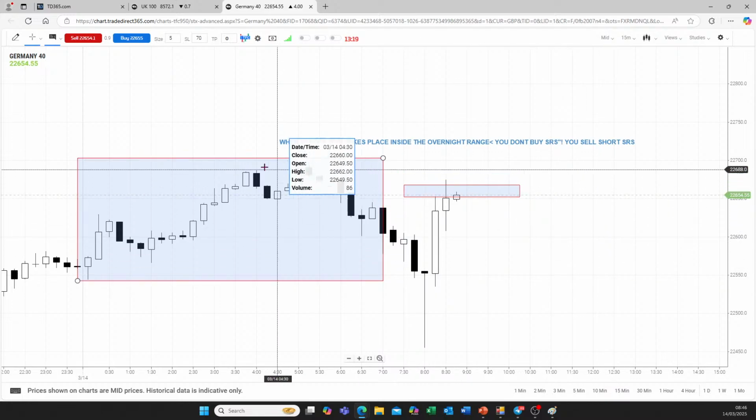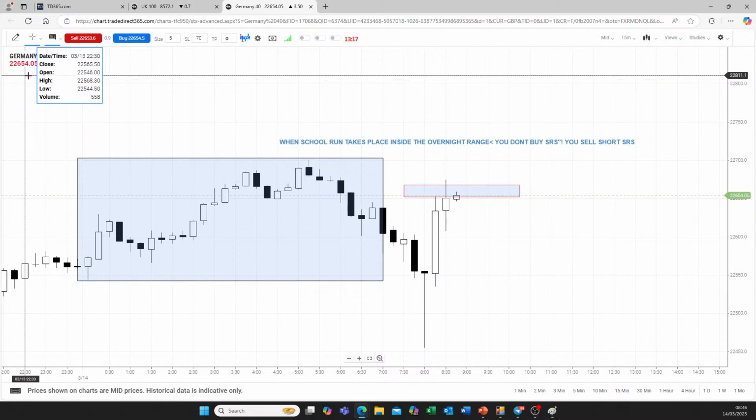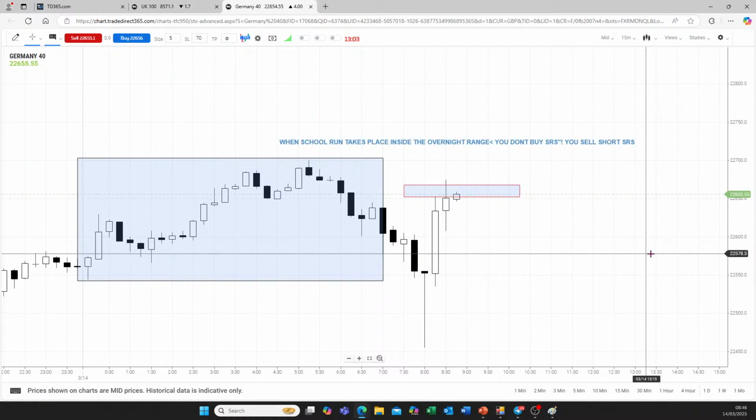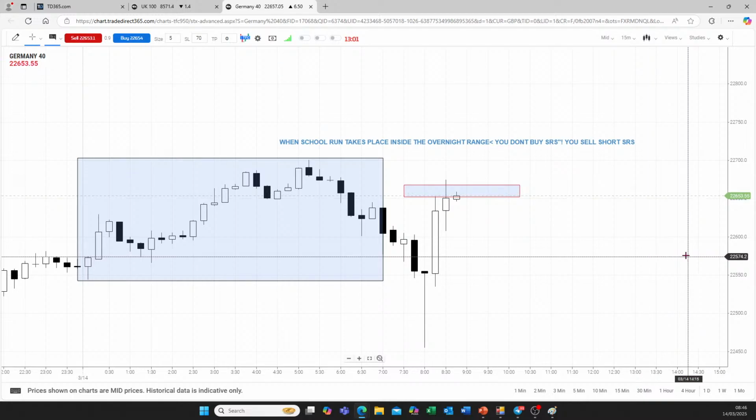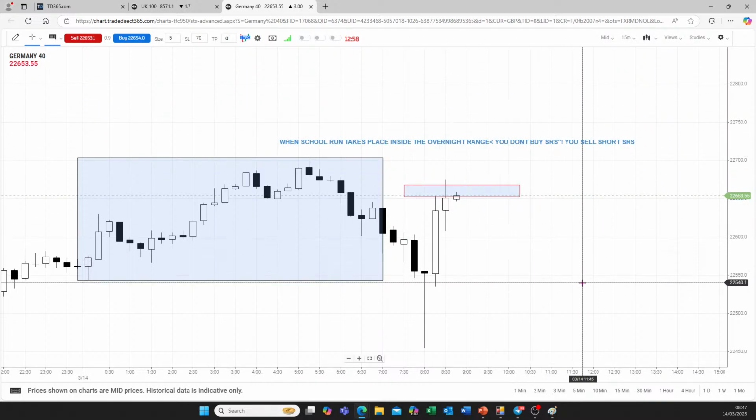So when an index is as big as the DAX is growing to be, I think I started trading the DAX here with you when the DAX was about 15,000, 16,000. So now it's grown to 22,000. It does demand more on your stop loss and also on the preciseness of your entries.